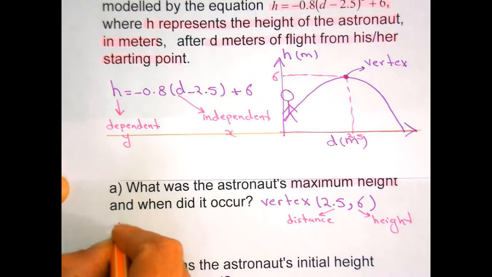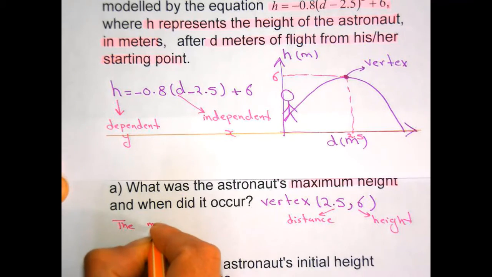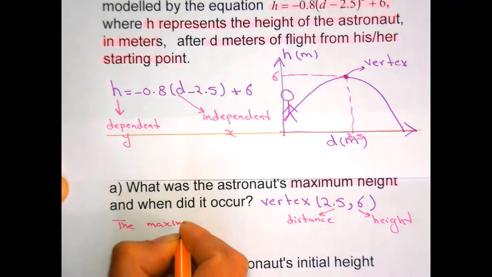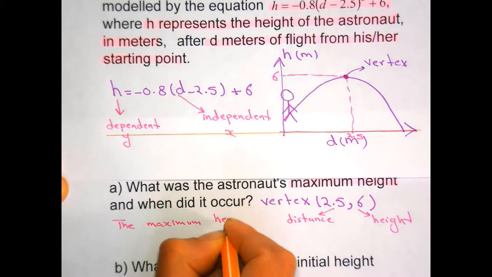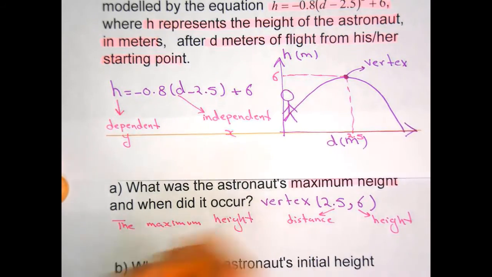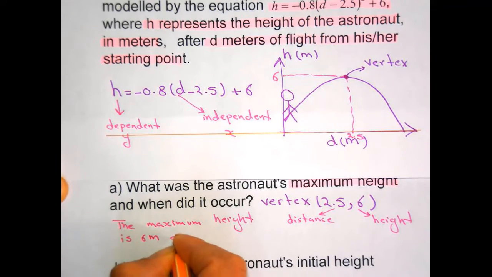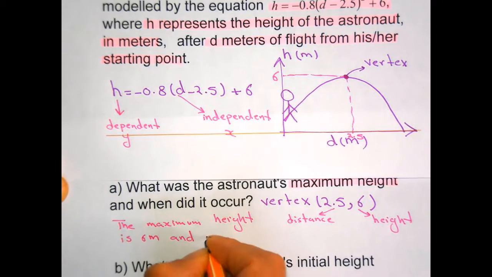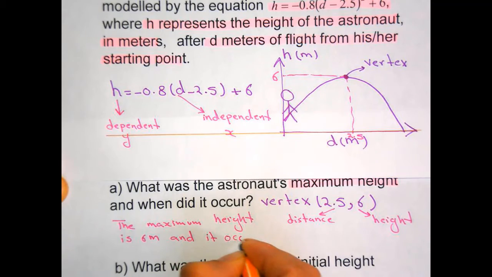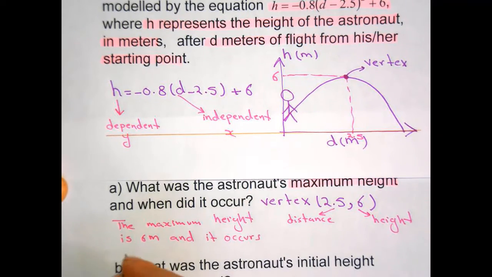So you are going to write the maximum height is 6 meters and it occurs at 2.5 meters from the starting point.